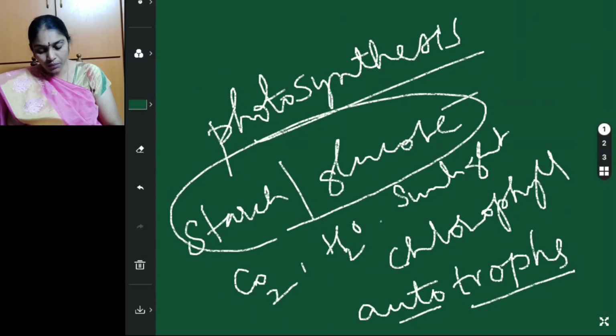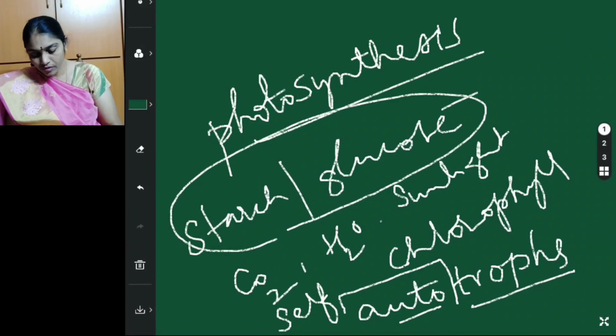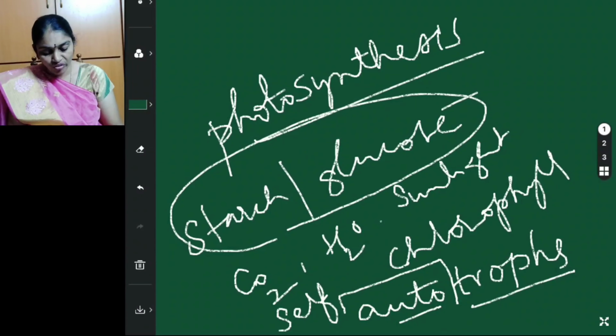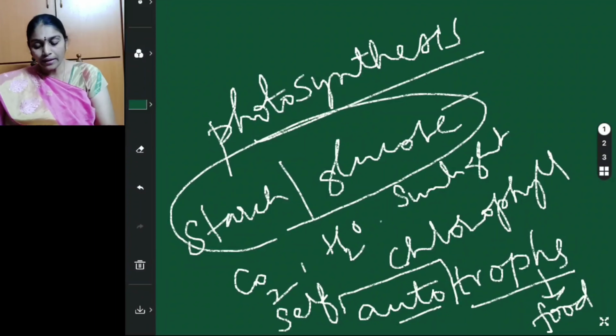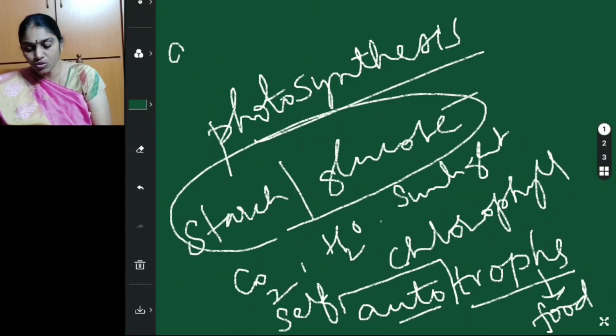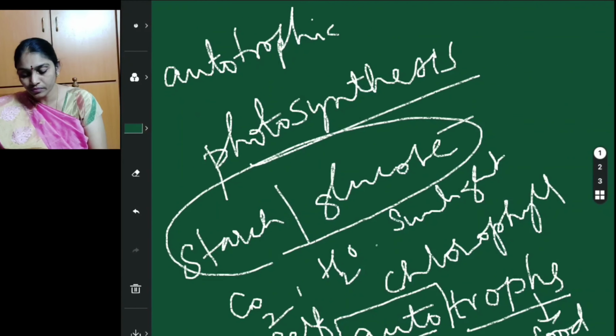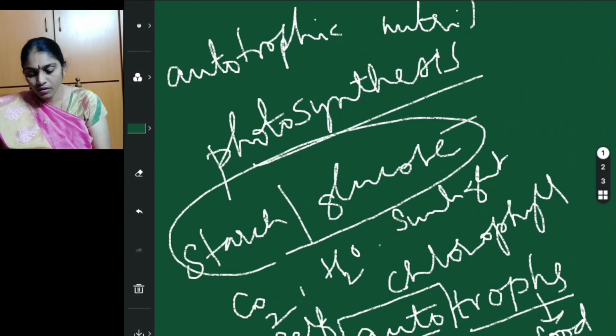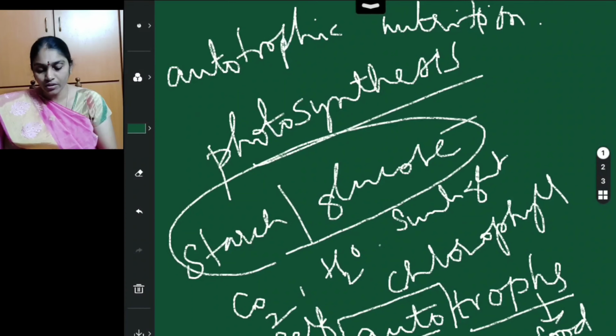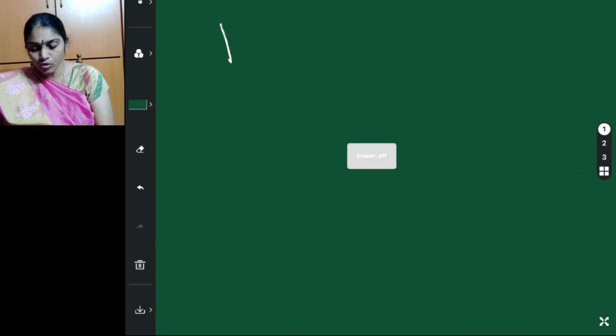All the time you should remember that auto means self, and troph is nothing but food. So this is how plants make their own food, and they are called autotrophs, and this type of nutrition is called autotrophic nutrition.